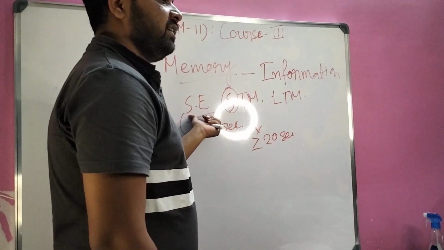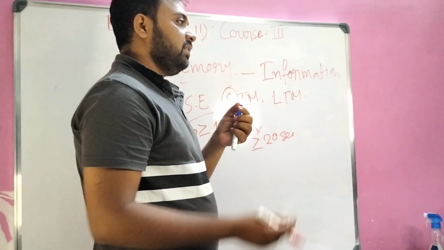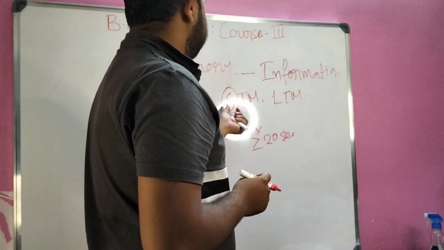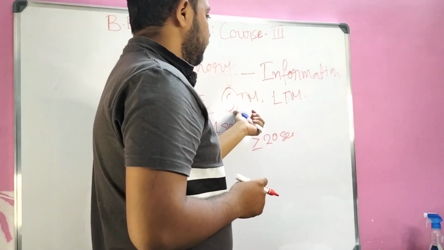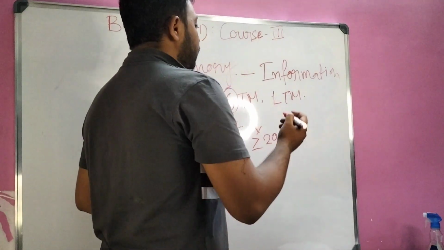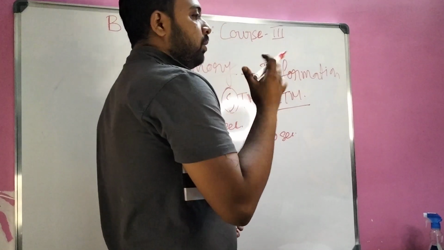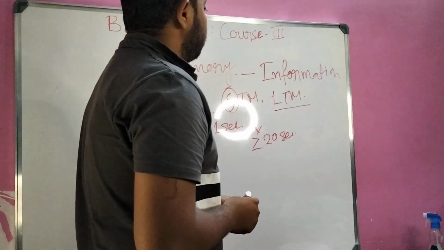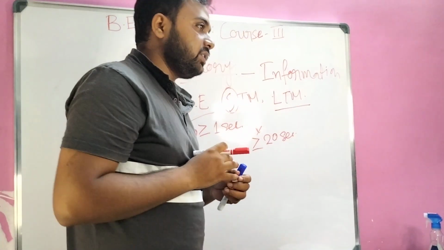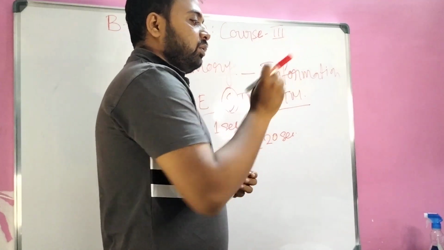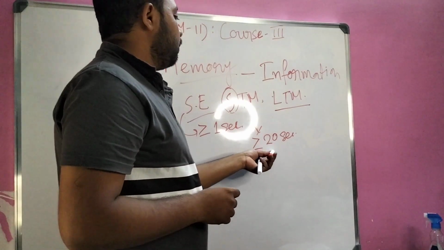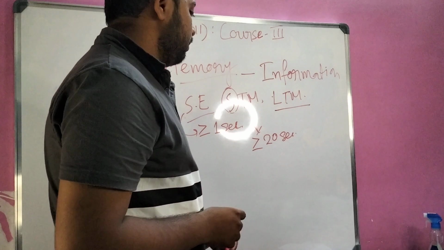The third type of memory is LTM, or long term memory, which lasts more than 20 seconds. In long term memory, we retain the image of this information or the process of that information. That's why it's called long term memory, which goes beyond 20 seconds. Clear? These are the three types of memory.